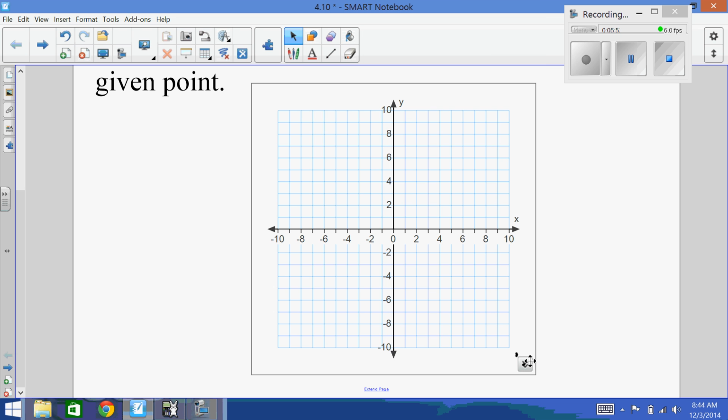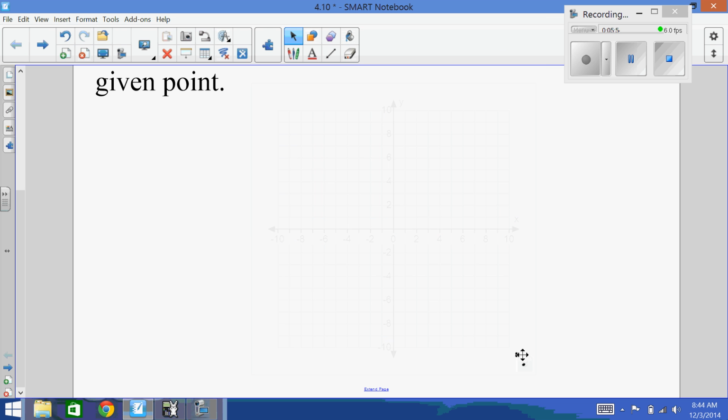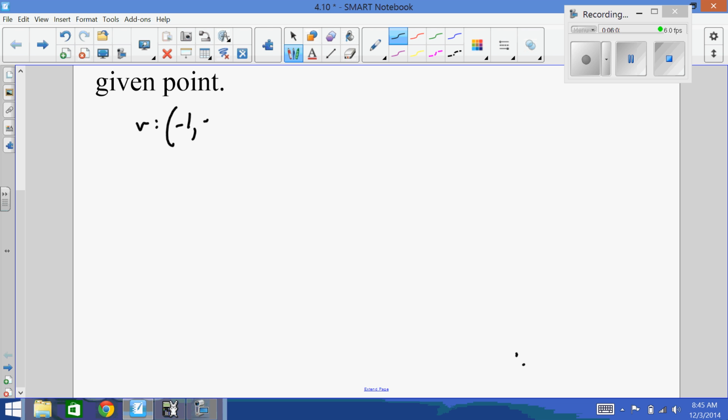So we said the vertex is (-1, -4), and the point that we're given is (2, -1). So I'm going to come up with a quadratic equation in vertex form, given the vertex and given a point that it goes through.